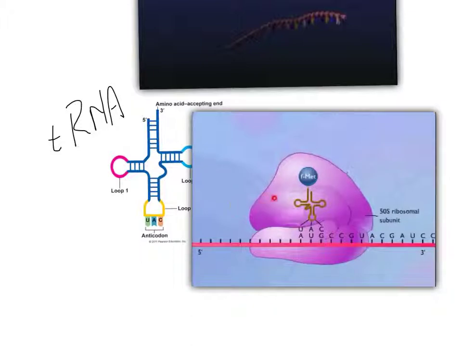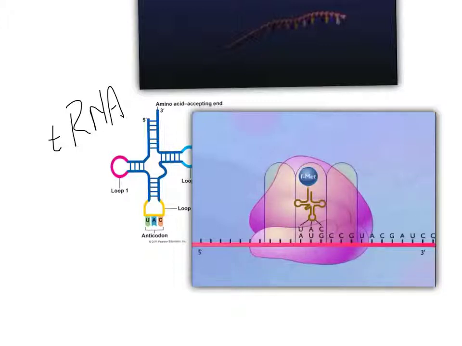So here we have the large subunit, and the tRNA molecule with its amino acid attached. Now what then happens is that another tRNA molecule comes in and binds to this part of the molecule here. You don't have to know the names of these sites here. It also binds to the ribosome, as we'll see in a second.